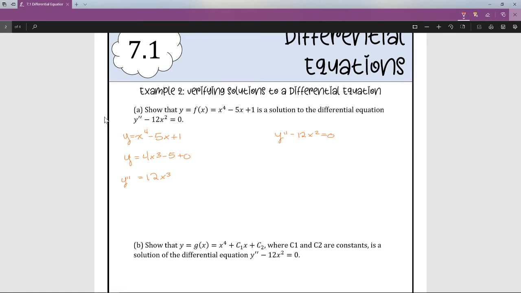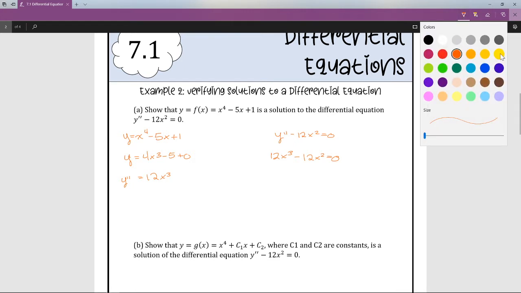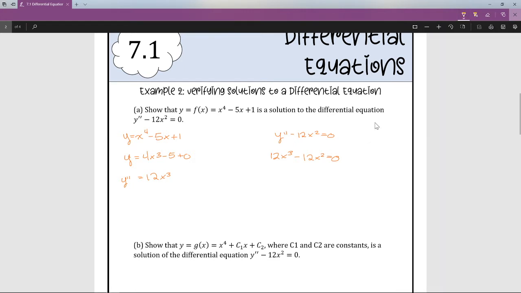And so when we plug that in, we see that this turns into 12x squared minus 12x squared equals 0. So all we did here was prove that this is a solution to the equation. And I want you to note that because we're putting in the second derivative, it doesn't matter what this number is or this number is, these constants are irrelevant, right?